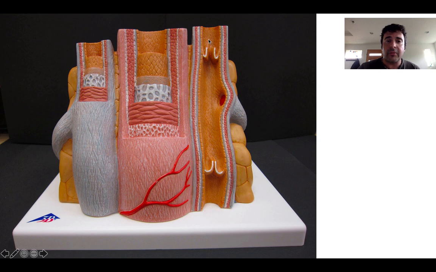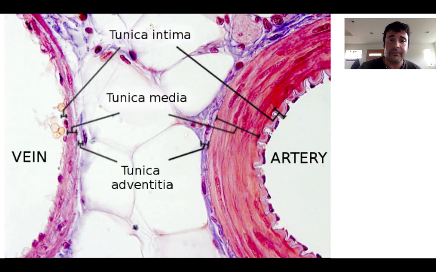Veins have all these same things, but the tunica media is much thinner because it doesn't actually have to accommodate for those high pressure fluctuations, and it's not controlling the distribution of blood in the body quite to the degree that arteries are. And because veins are low pressure systems, you clearly see the valve here. So if I was to ask you the type of blood vessel, I'd expect you to be able to give me anatomical justifications.